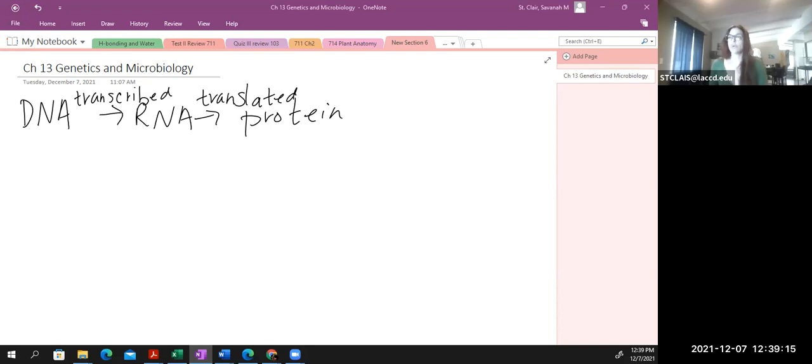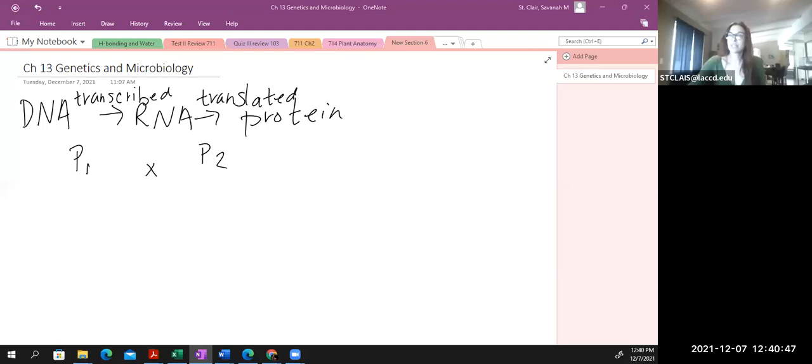Okay, so for our back cross, we're going to start with 2 true breeding parents, and they're going to be different at our gene of interest. So let us imagine that we have 2 different varieties of basil.